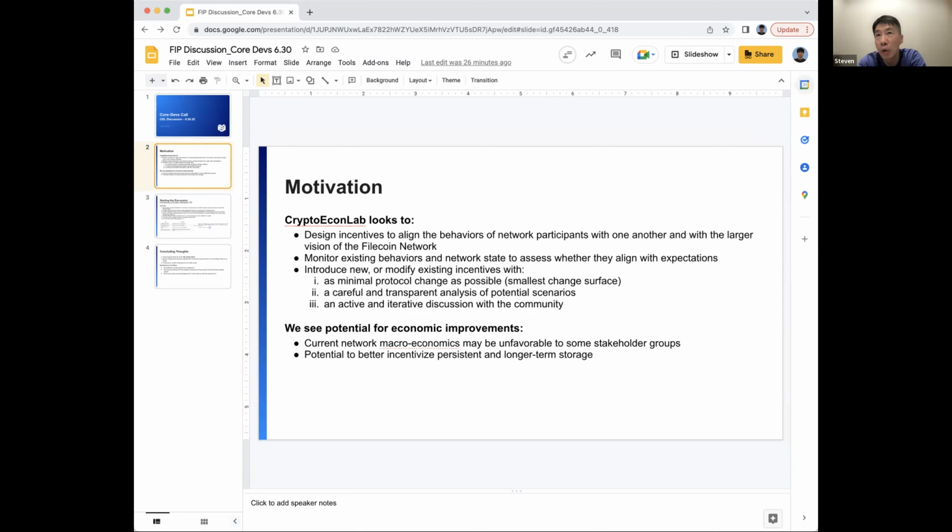Basically, we can discuss more offline. If we increase the initial pledge, the capital cost is higher for the storage provider to store the same amount of data.